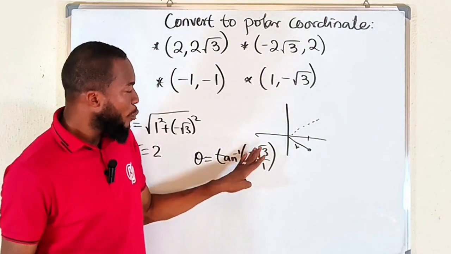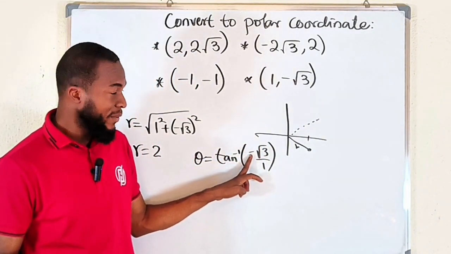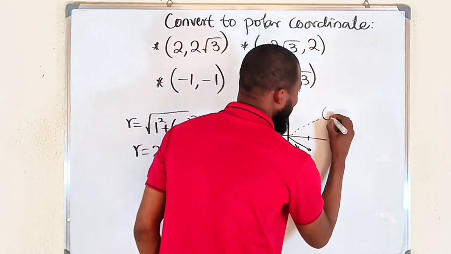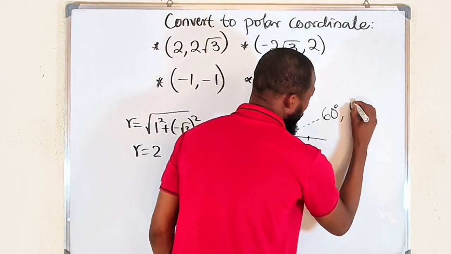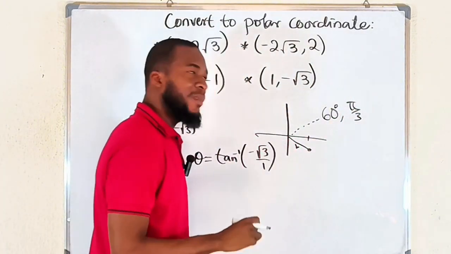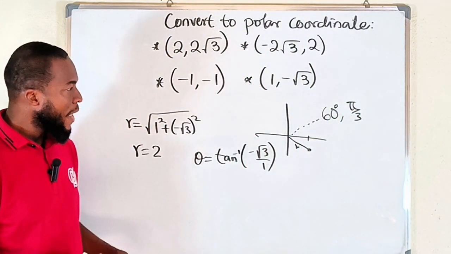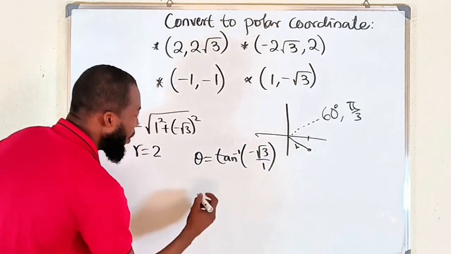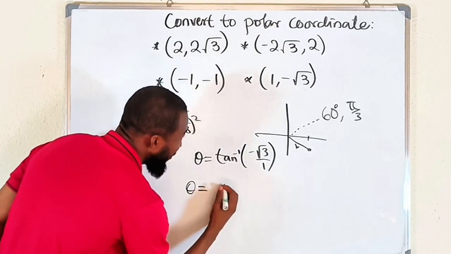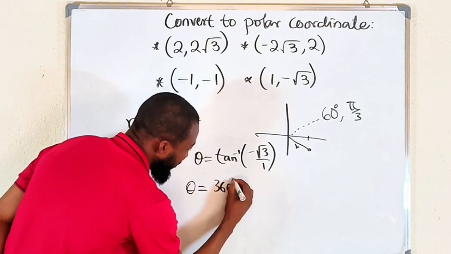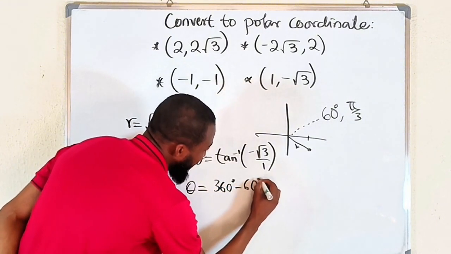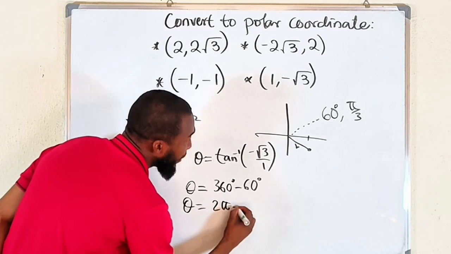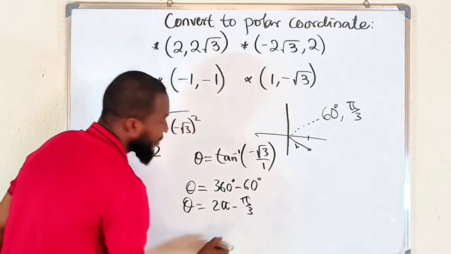So if you use positive, assuming it is positive root 3, it is going to return either 60 degrees or pi divided by 3. Let me take them simultaneously. But you should know that it's supposed to be here. So you can say that theta is either equal to 360 degrees minus 60 or theta equal to 2 pi minus pi divided by 3.